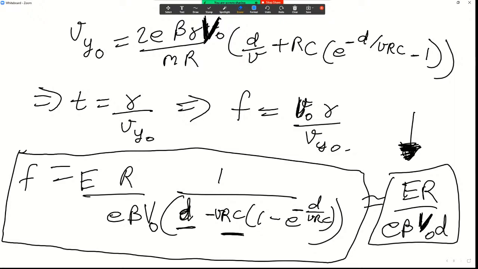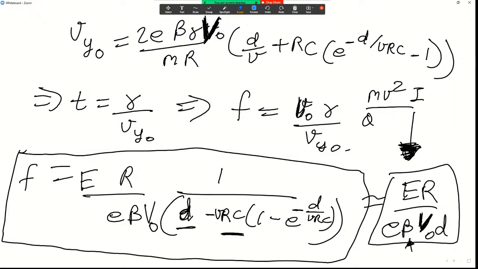Wait, this energy is mv square. This voltage by resistance is current. By is charge. What is beta's dimension? Oh, you have to go back, I think.